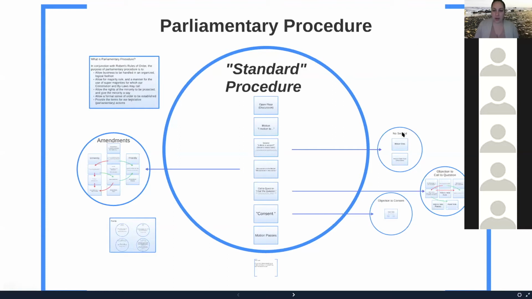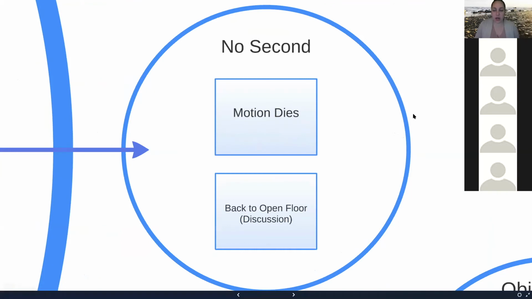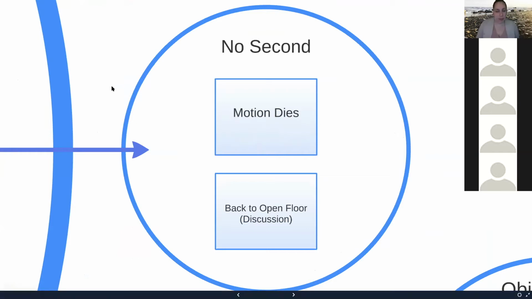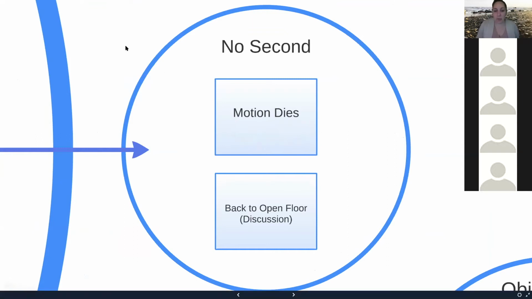Okay. So I wanted to cover this bubble here on the right about having no second. And so, like I mentioned before, all motions do require a second. And so I wanted to cover here what happens if there's no second. And so, as indicated here, the motion then dies, and then you go back into open floor.